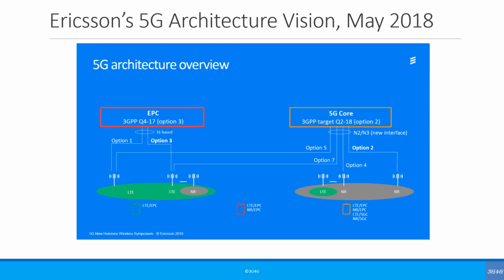And in many cases, the operators will also keep option 1 active, because you have an LTE network with some LTE users who continue to use really old devices or phones. So you continue to use that. And if you think about it, in a way, option 1 can become like a subset of option 3.